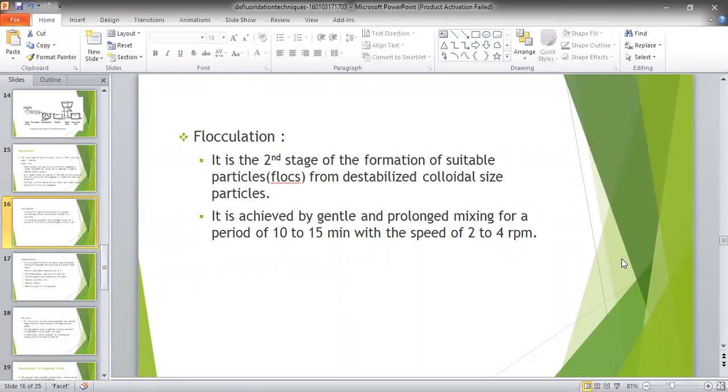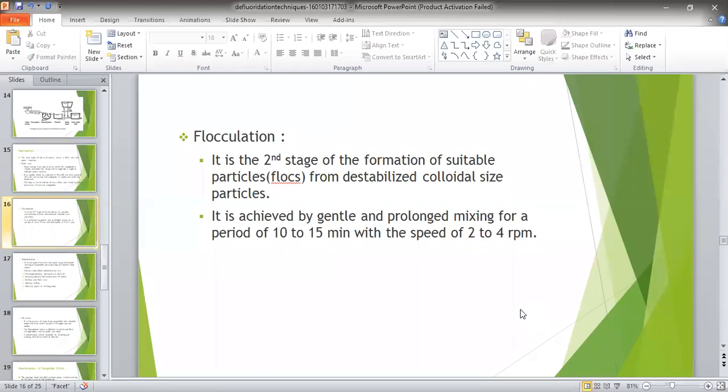Now, in the flocculation stage, we will have the formation of suitable size floc particles. Okay, it is achieved by gentle and further prolonged mixing for a period of 10 to 15 minutes with the speed of 2 to 4 rpm.